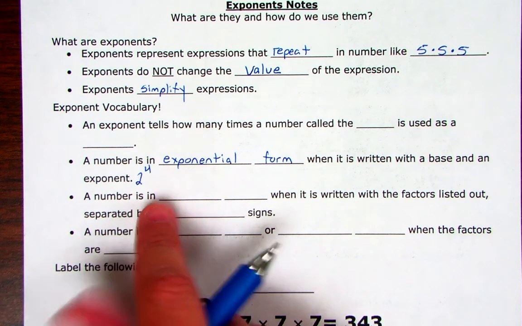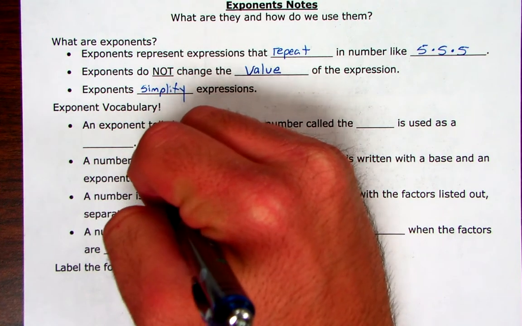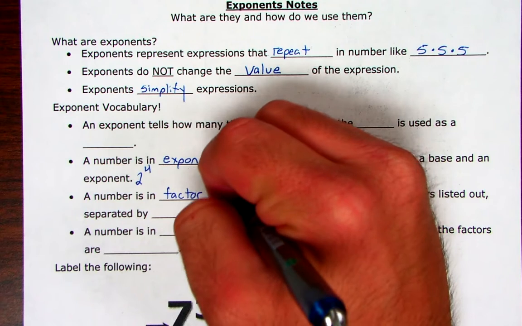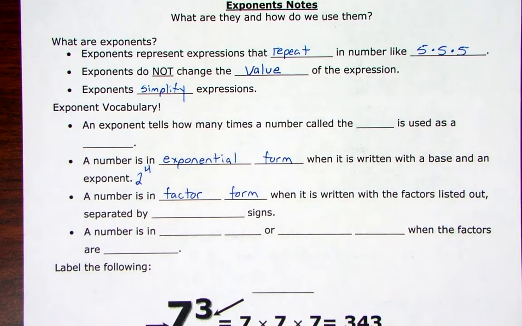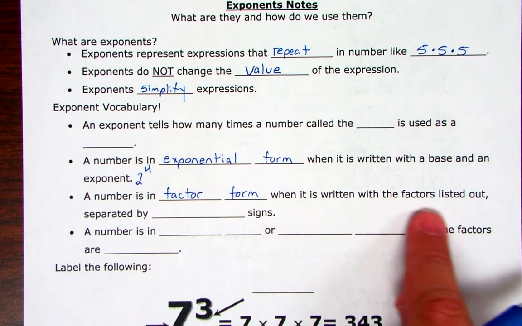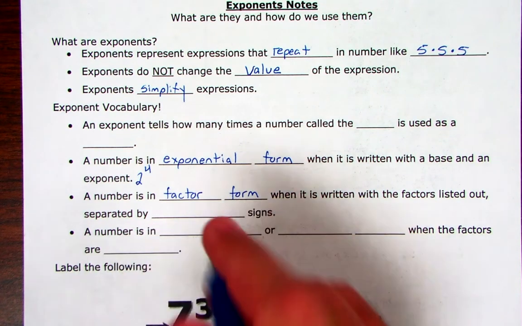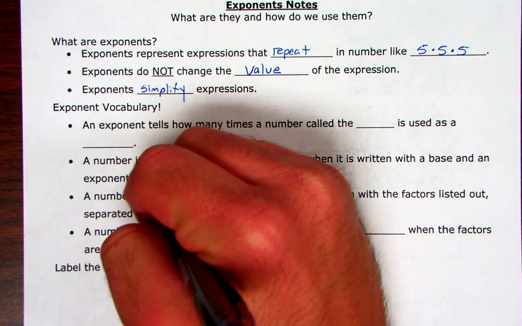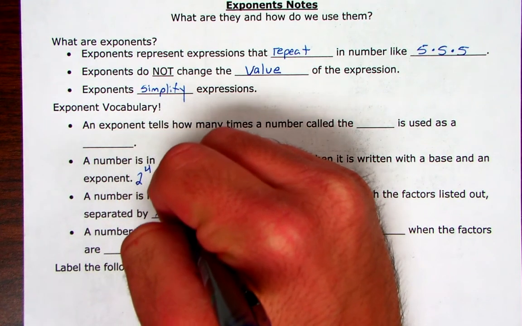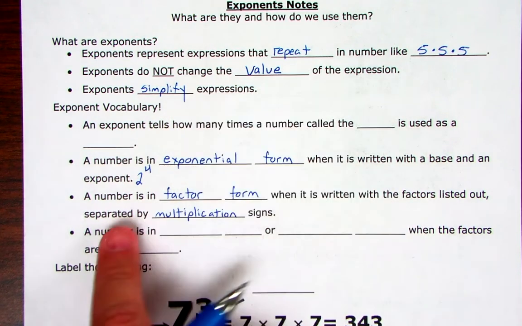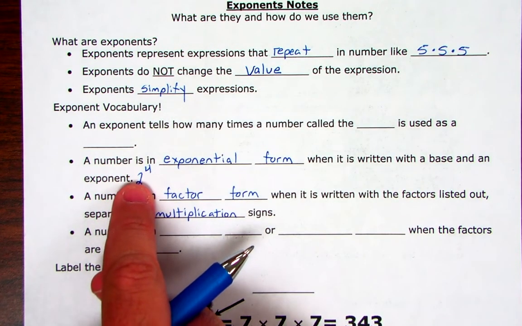A number is in factor form when it is written with the factors listed out, separated by multiplication signs. So I'm going to go back to the example. We have 2 to the 4th.